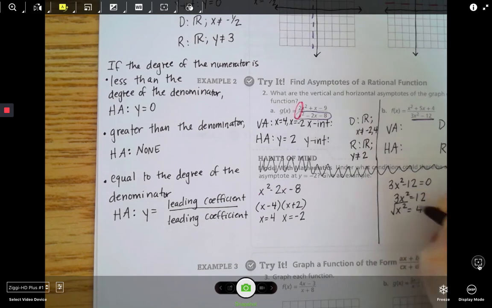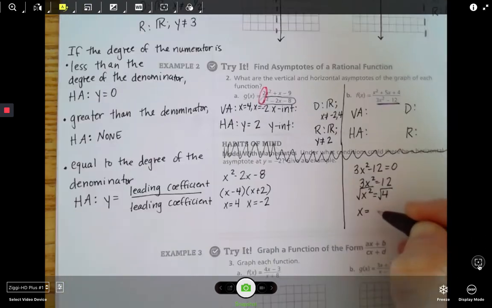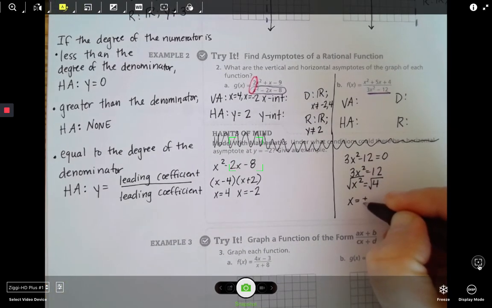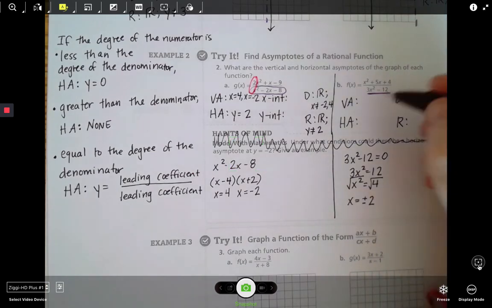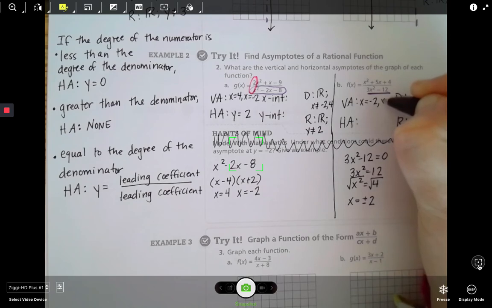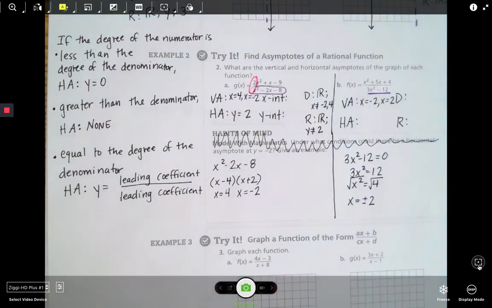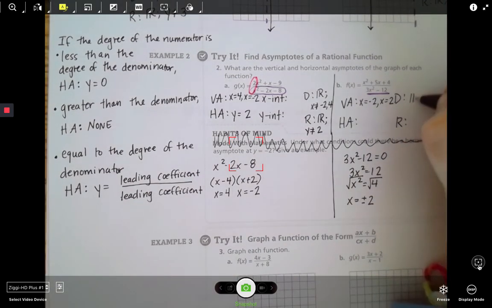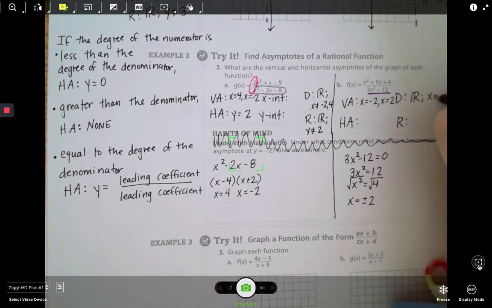We take the square root of both sides. So what's my vertical asymptote? What's the square root of 4? Not just 2, but plus and minus 2. So my vertical asymptotes are x equals -2 and x equals +2. So that means my domain is all real numbers. X cannot equal -2 or 2.